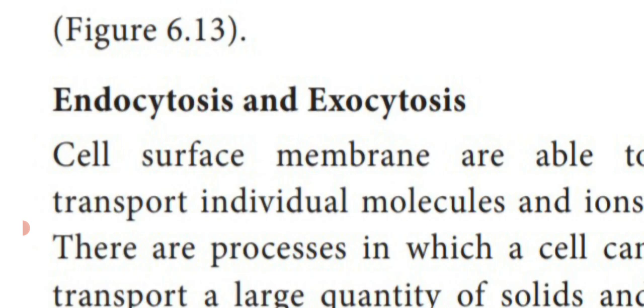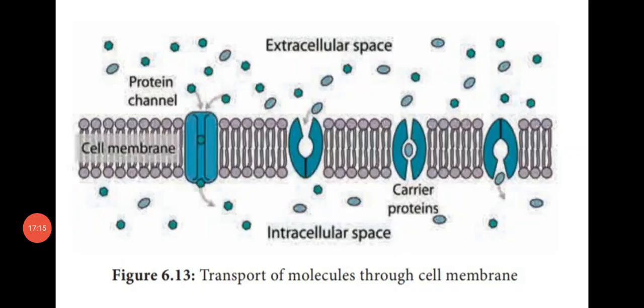So before going to see this, we are going to see the structure of a bilipid layer of a cell membrane along with a carrier protein and channel protein. Dear students, see the diagram, how the molecules are entering into the cell through the cell membrane.